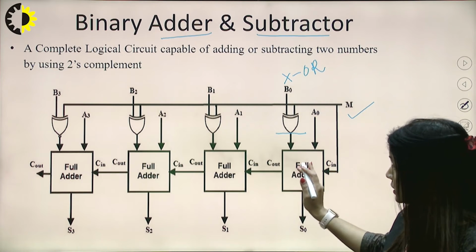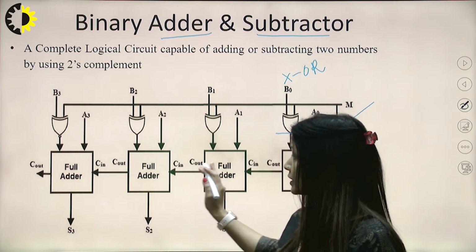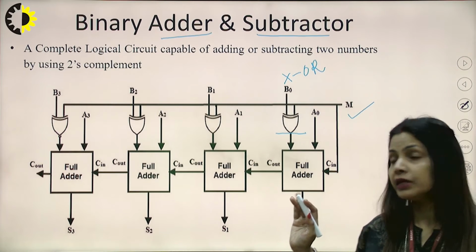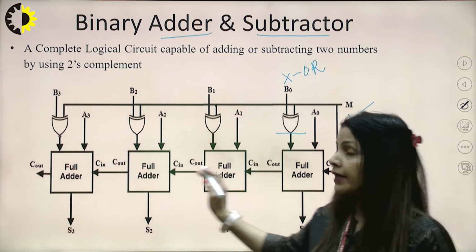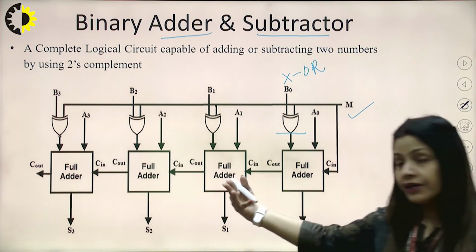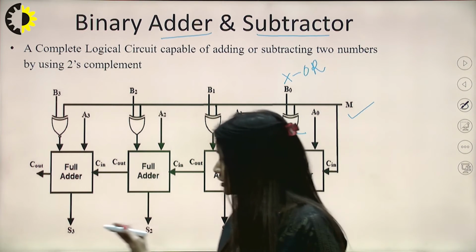This is a complete full adder circuit. This is also a full adder circuit. These are all full adder circuits which are cascaded by the carry from the previous stages. Now here this is S0, S1, S2, S3.